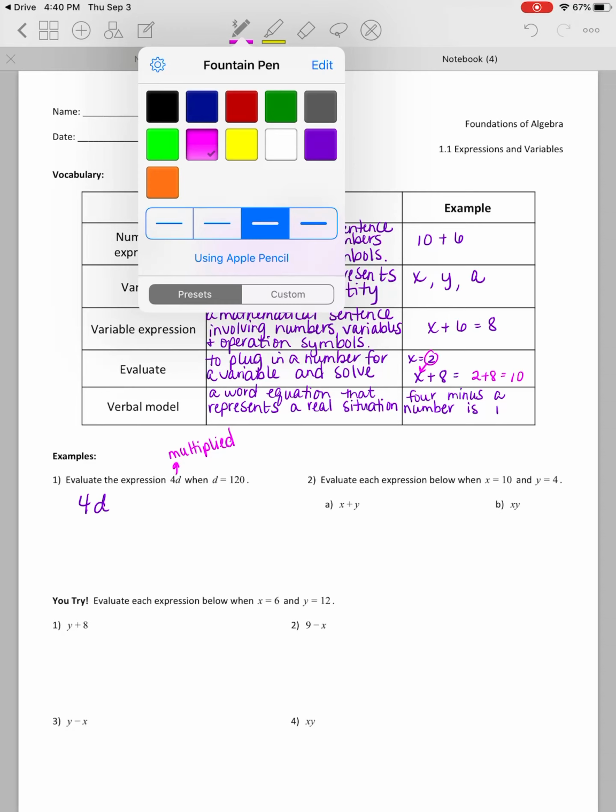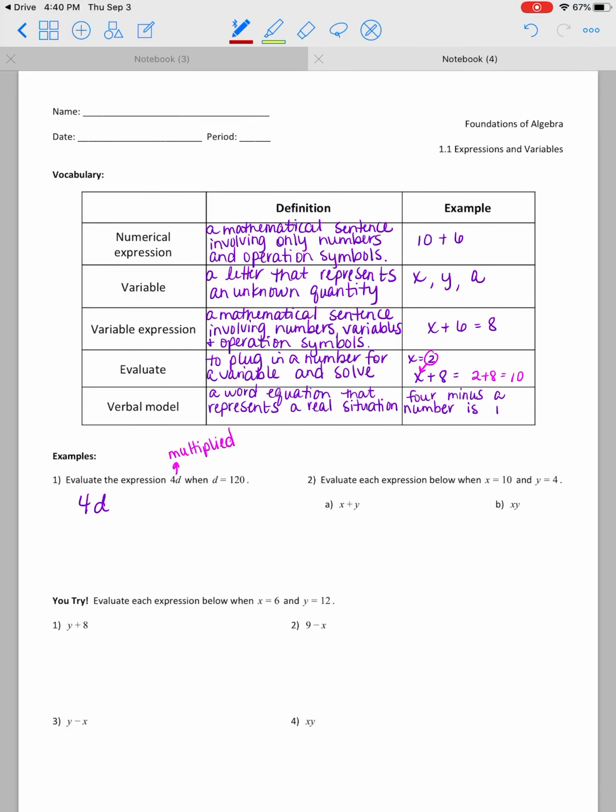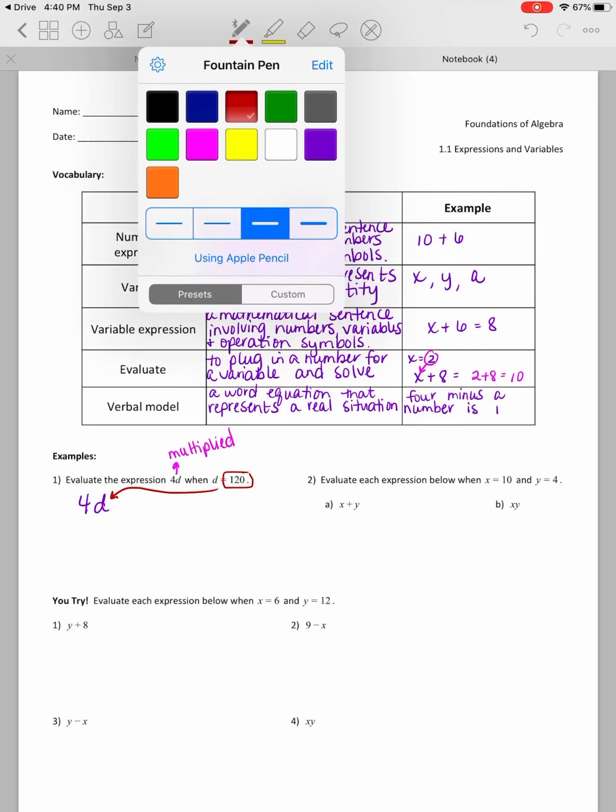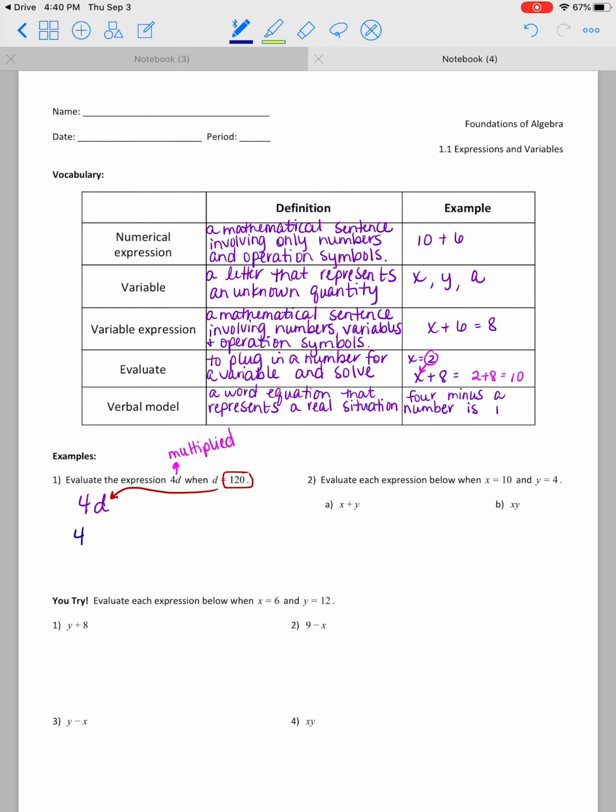And when we evaluate, when D equals 120, we're going to take that number and plug it in to where that variable or letter was. So I'm going to get 4 times 120, because since they're right beside each other, they're being multiplied. And if I multiply that, that's going to give me 480. So we plugged it in and solved.